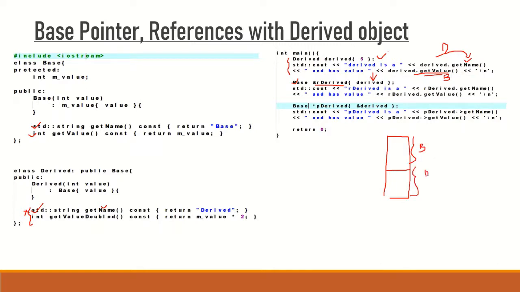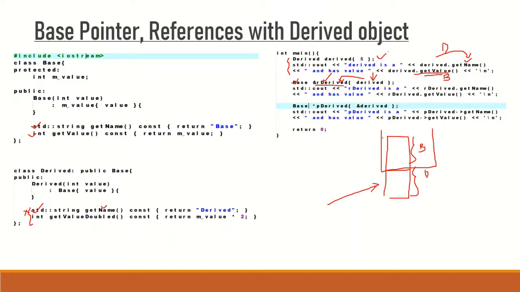When we use a reference of the base class, the reference refers to the same memory block because it is an alias. But when we assign a derived class object to a base class reference, the base class reference is allowed to only access the base class part of the derived class object.